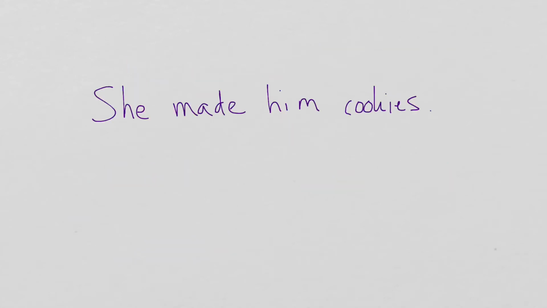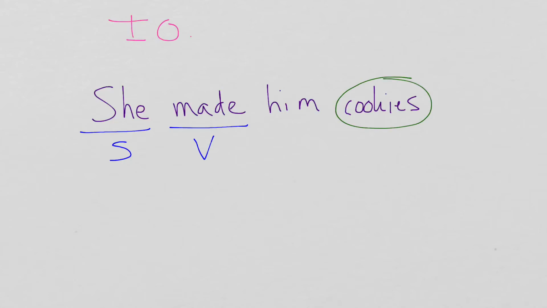All right, now let's talk about the indirect object. We're going to follow the same process that we followed last time. What's the subject? What's the verb? I know that the verb is an action verb. It's something I can do. So then I'm going to ask the question, what? What was made? Okay. Cookies, right? The cookies were made, which means that the cookies represent the direct object.